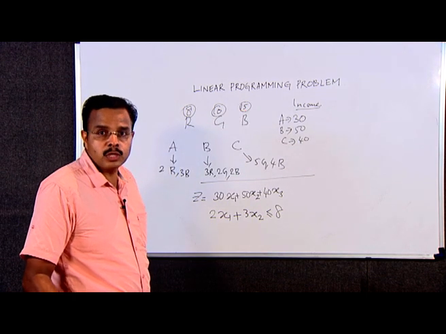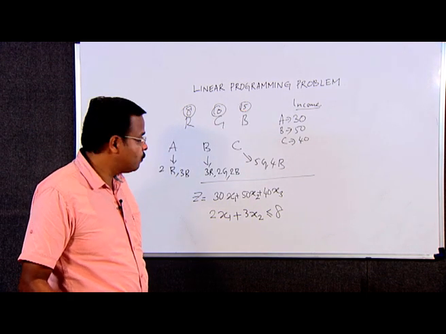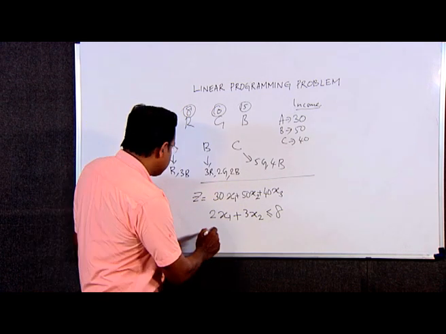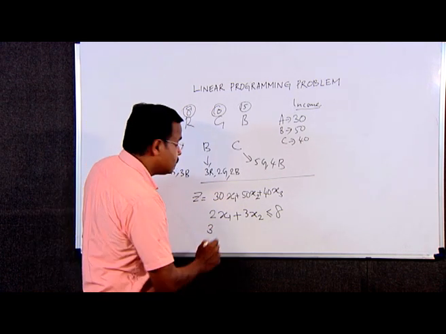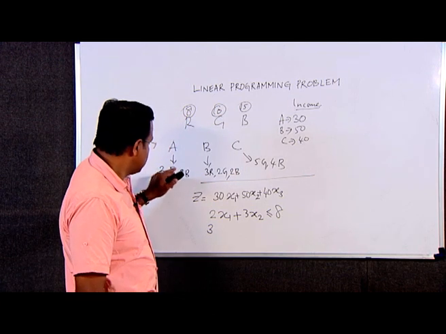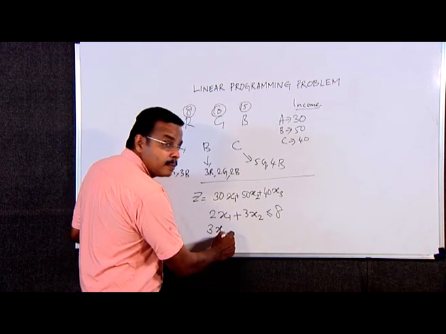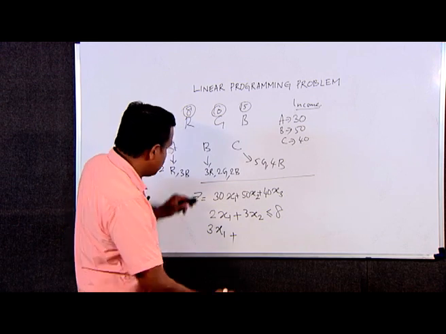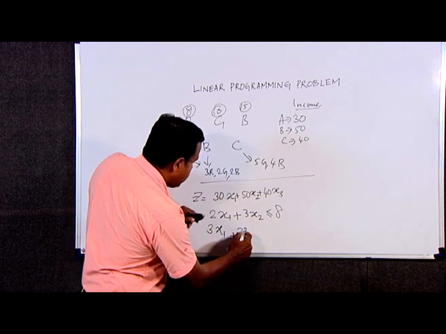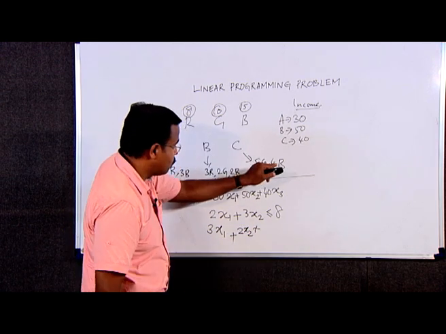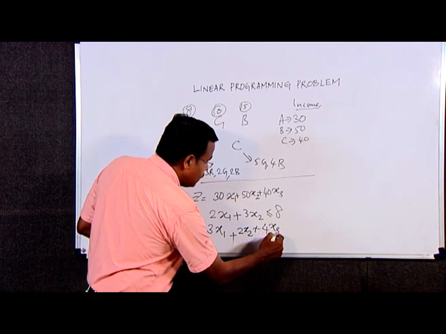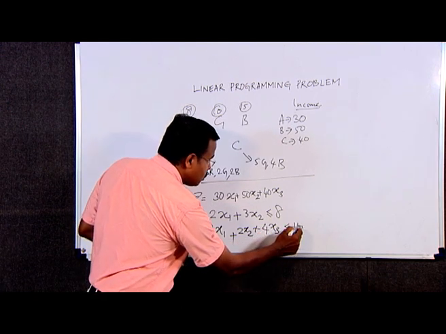So, the maximum usage of blue wool should be 15, that is 3 into x1 plus 2 into x2 plus 4 into x3 should be less than or equal to 15.